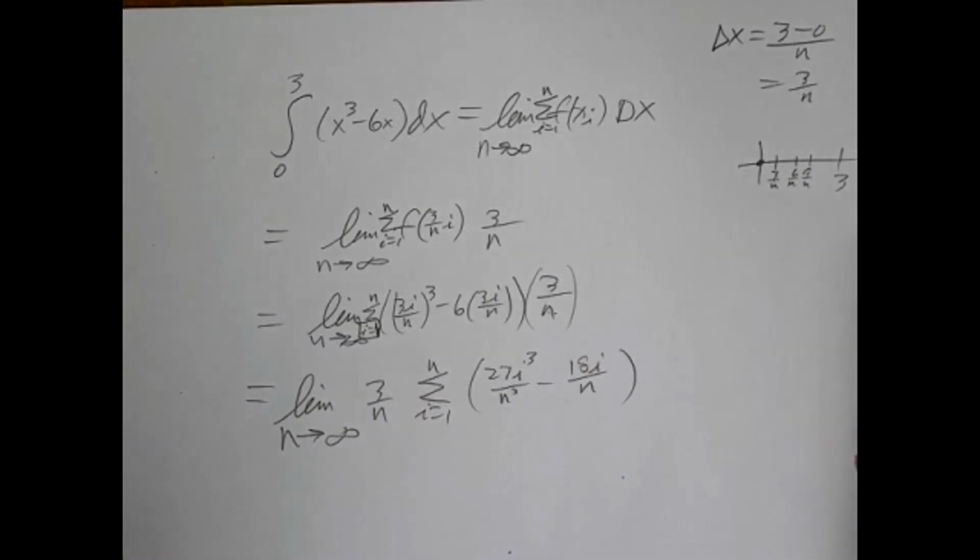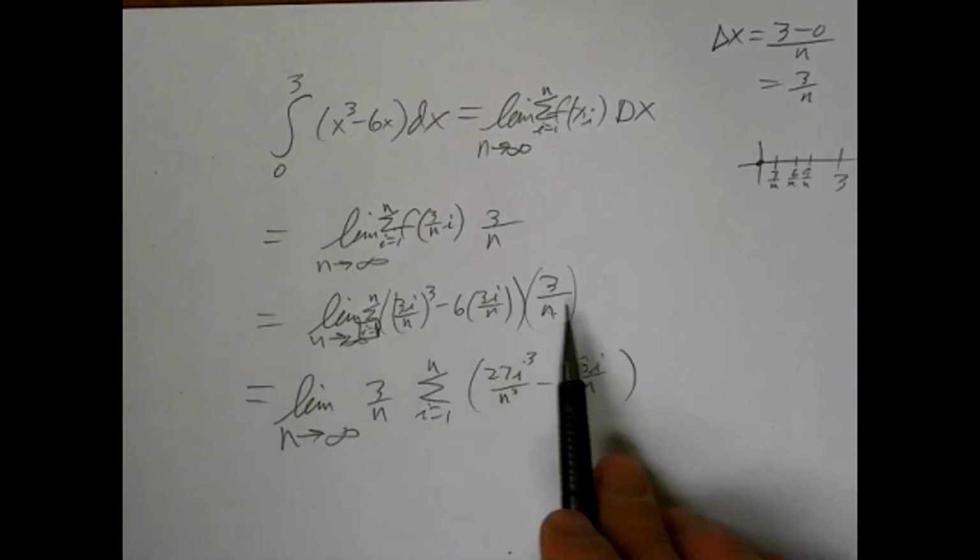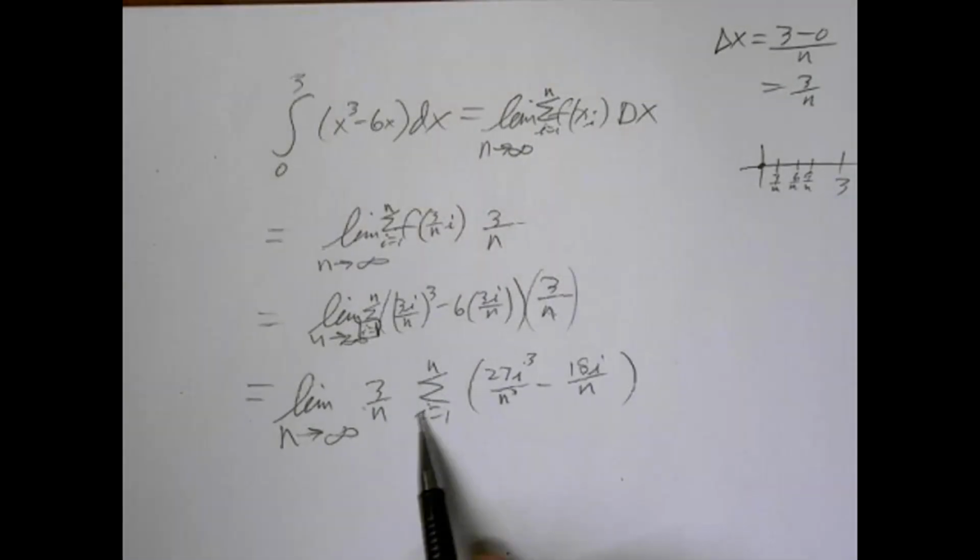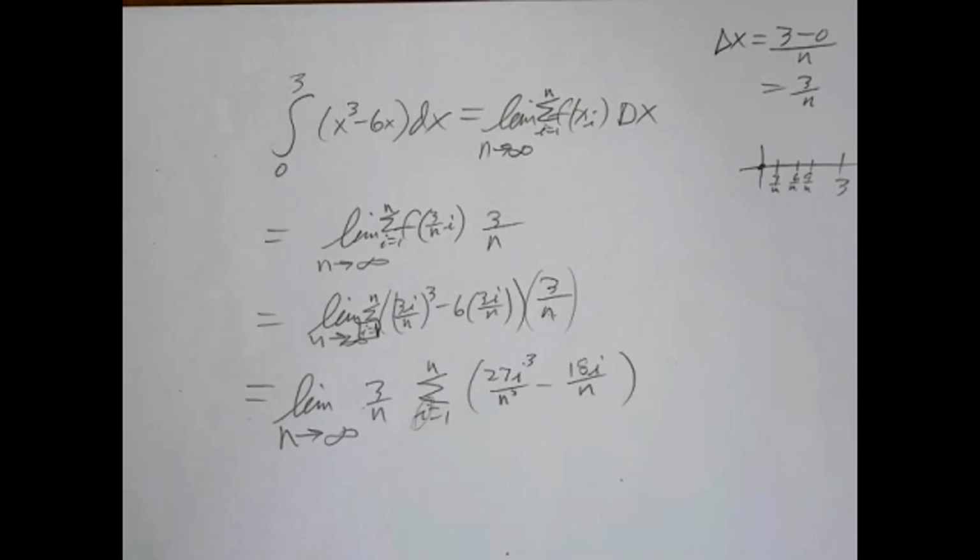Okay. All right. So again, the reason I was able to throw the 3 over n out front of the summation is because right here the summation is telling you that i is the one that is behaving like a variable, not the n. Okay, then I'm going to distribute.